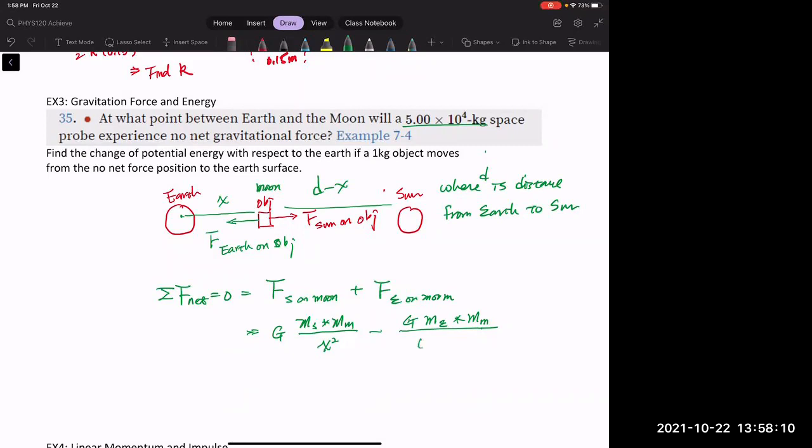So here will be d minus x squared. And you make this one equal to 0, you solve for d. That's how you can get this done.